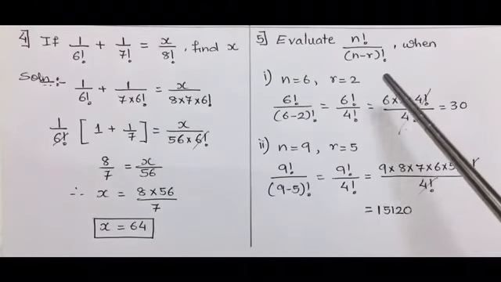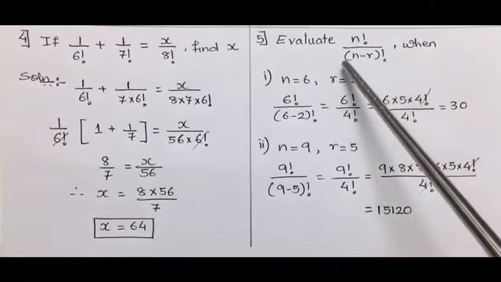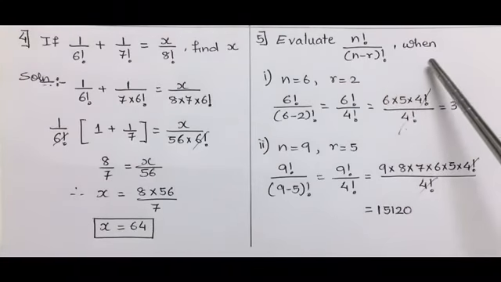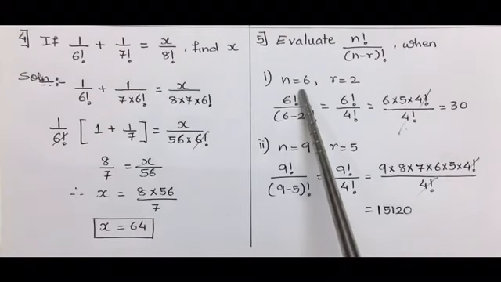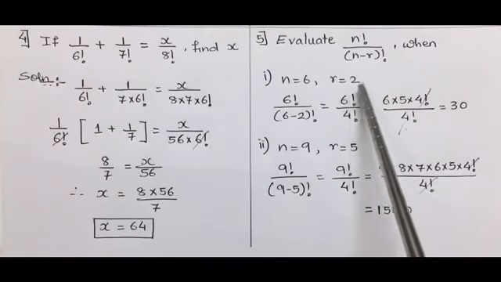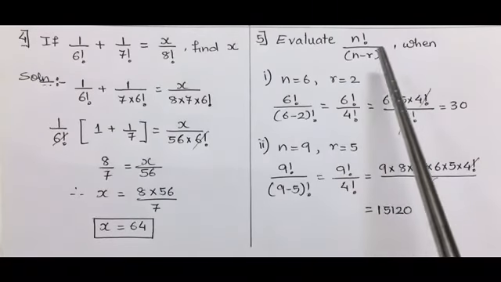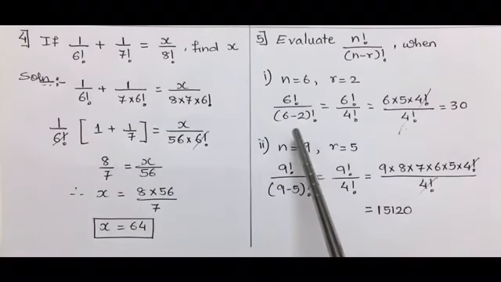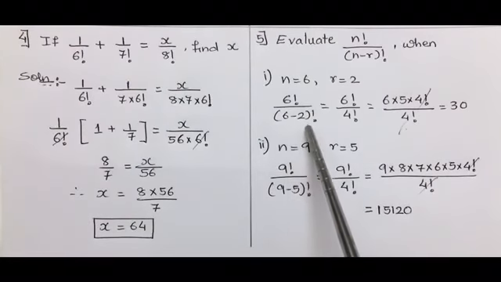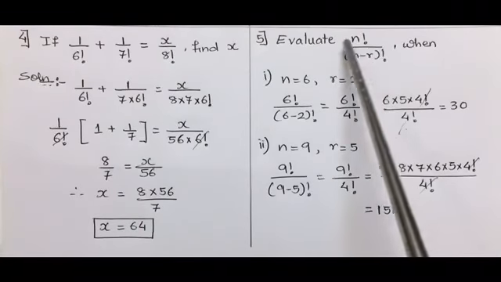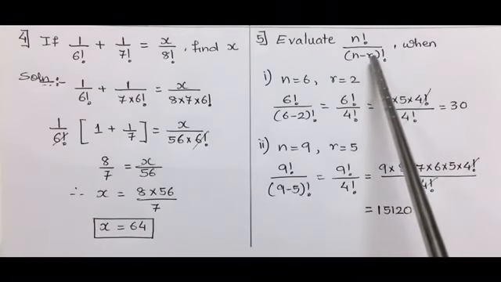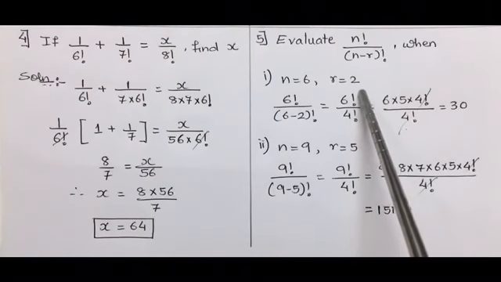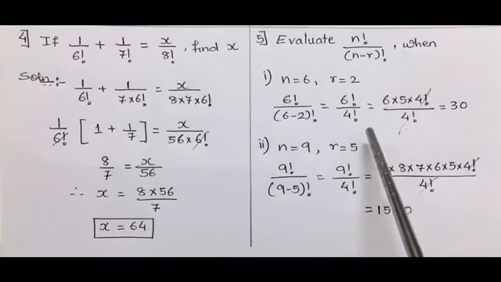Now fifth one is, we need to evaluate n factorial upon n minus r factorial when n is given as 6 and r is equal to 2. Keeping the value of n and r in this expression, we get 6 factorial divided by 6 minus 2 factorial, which is 6 factorial upon 4 factorial.